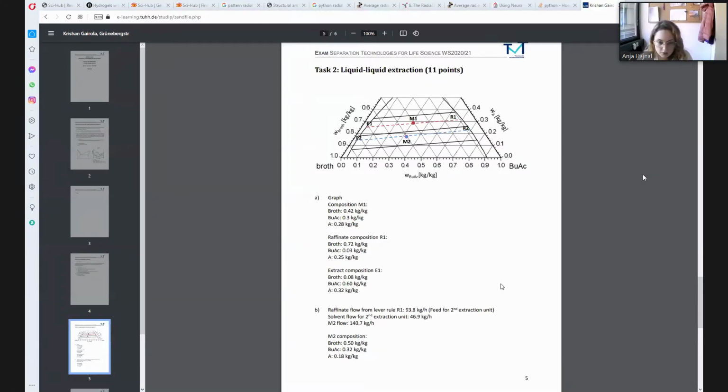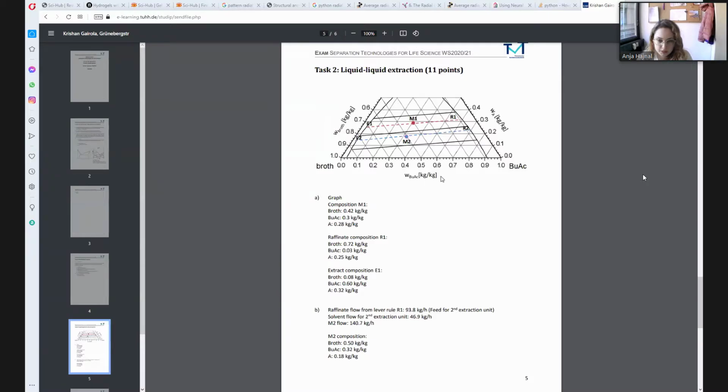All right, this is the task we are talking about. And you are wondering how we came to the composition of M1. Correct. So basically, to read the diagram, you need to follow the lines given already on the diagram. Let's say we are at the point M1.